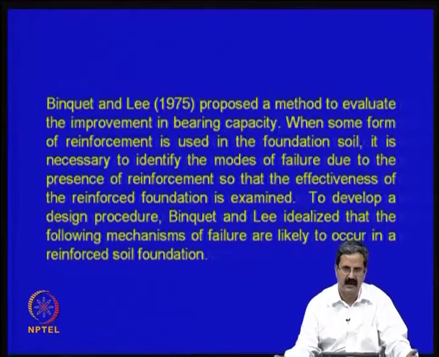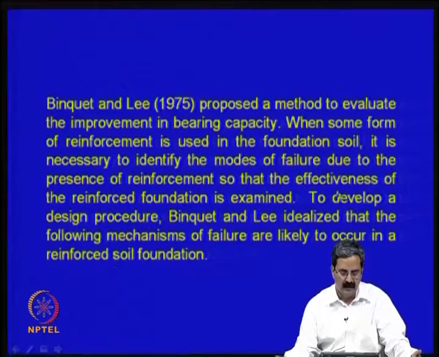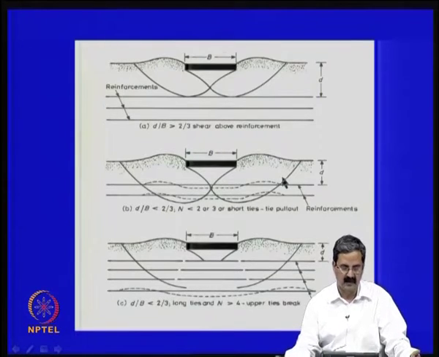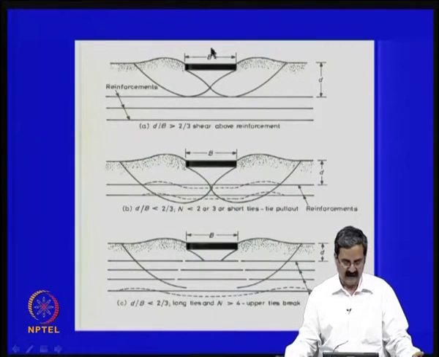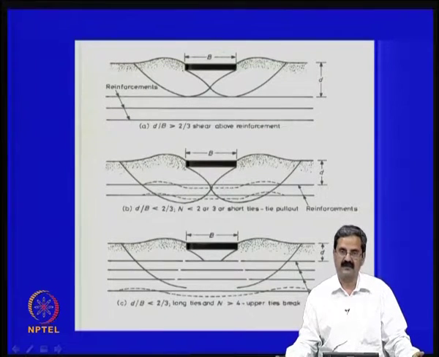Say for example, a particular thing may fail in a particular direction. So, you try to handle that particular direction, see that the failure does not occur. These researchers have identified certain mechanisms that we will see. There are three types of mechanisms that they said could be possible in the case of reinforced soil.